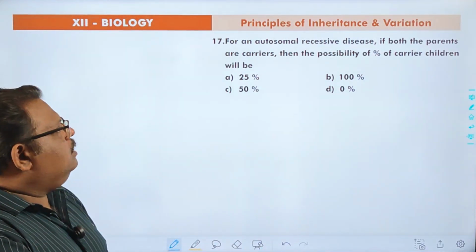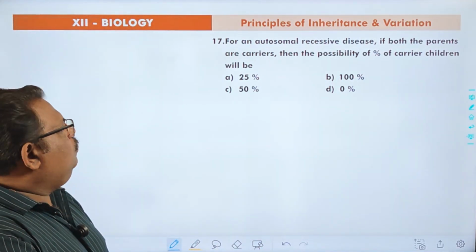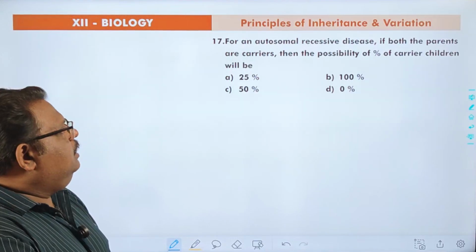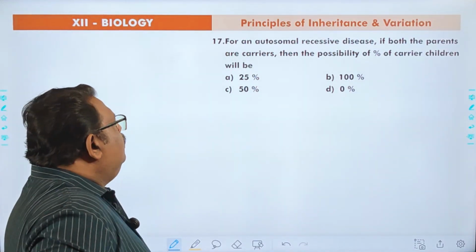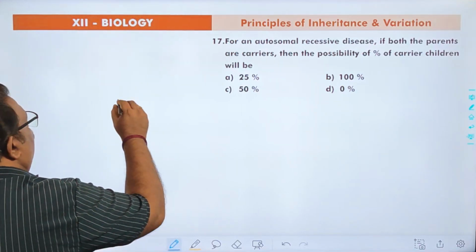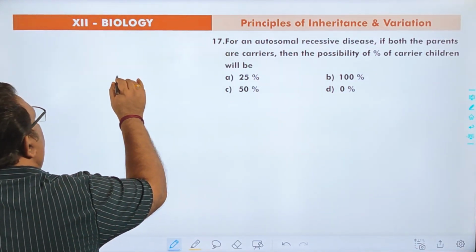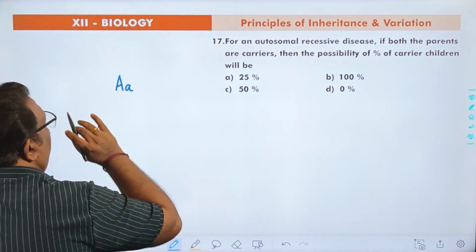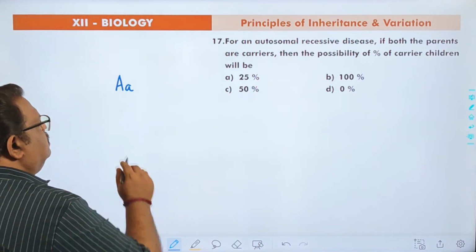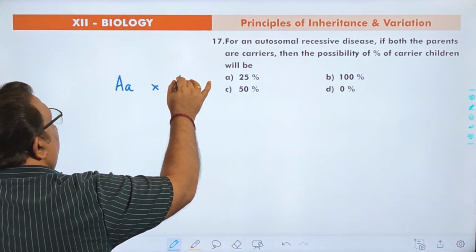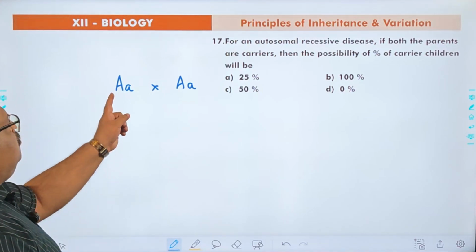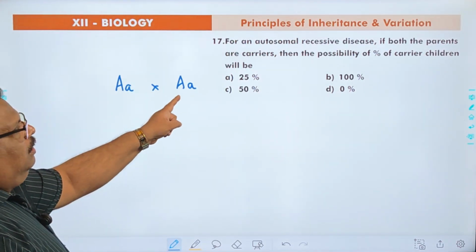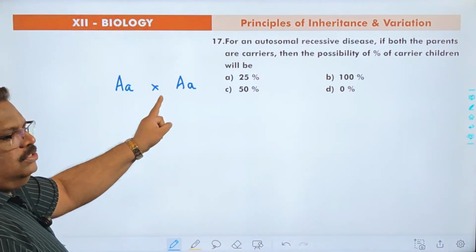Next question. For an autosomal recessive disease, if both the parents are carriers, then the possibility of percentage of carrier children will be? Here capital A, small a. Both are autosomal recessive carriers.